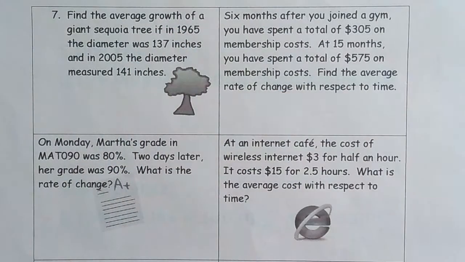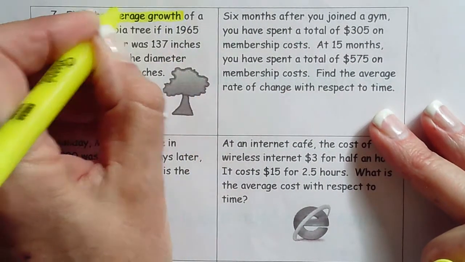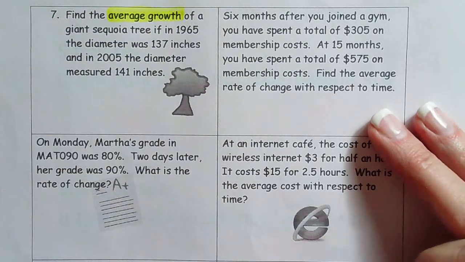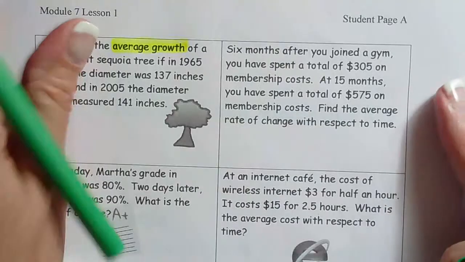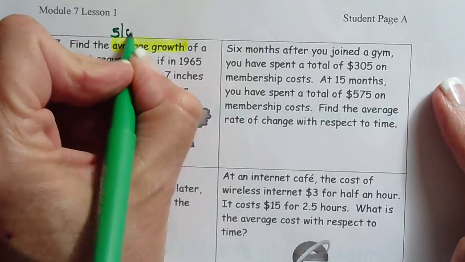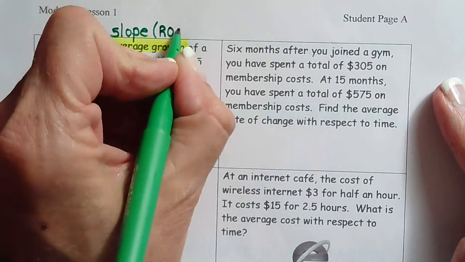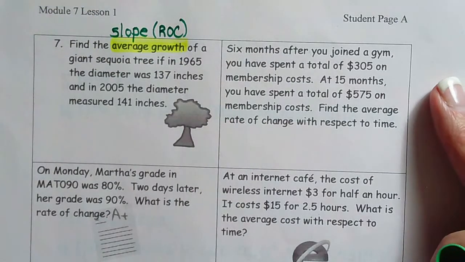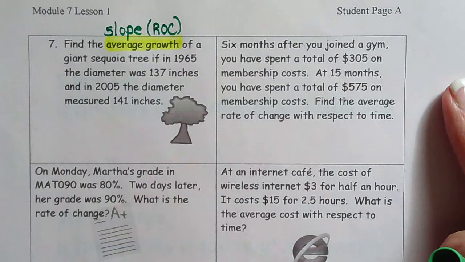So the minute I see those words, I go, oh, they want us to find slope. Or as we've been calling it, it's more common in calculus and in college algebra to be referred to as rate of change.